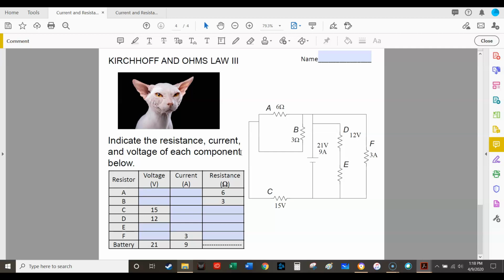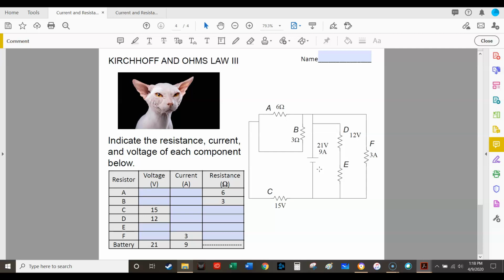Again, what I want you to do is track the current as it leaves the battery here, and then draw another arrow for the same current coming back in. So the current that leaves has to be the current that's coming in. Follow the current as it goes around each of the resistors, and when it hits a junction, it's going to split and change into different currents.